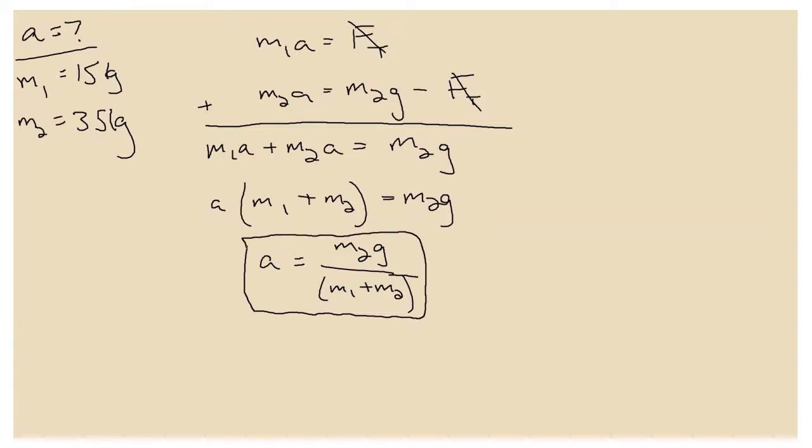Notice, by using the free body diagrams, we essentially just made that equation up. Now, I am going to revisit this with some notes afterwards, but I just want to point out an important point. When we were talking about the regular Atwood's machine, we said the acceleration always takes the form F net over m.